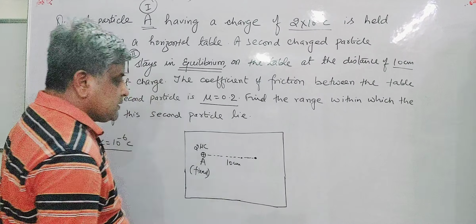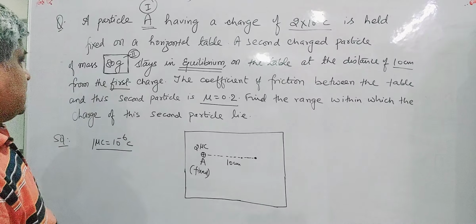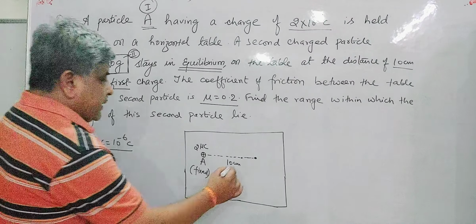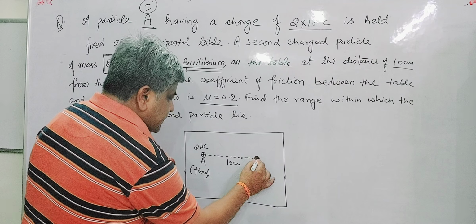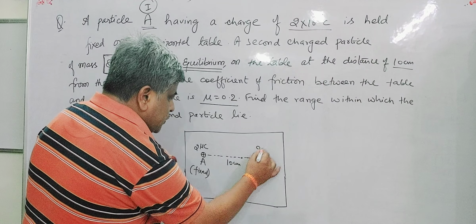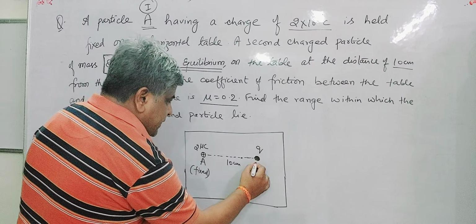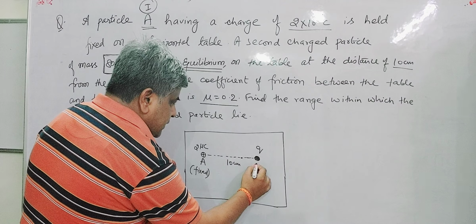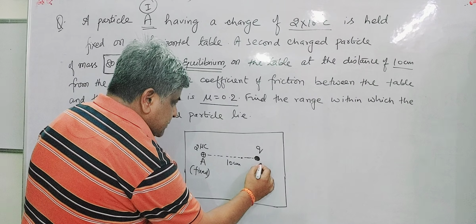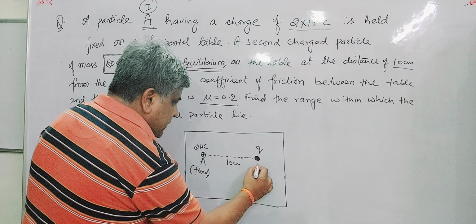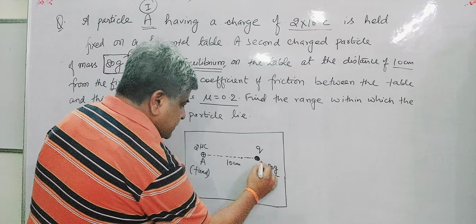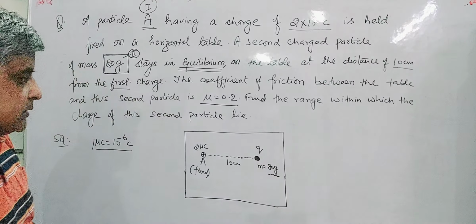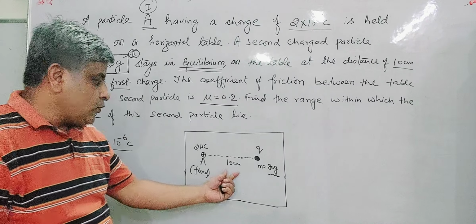At a distance of 10 centimeter, some other charged particle, we don't know its charge, either plus or minus, only Q, and its mass is given. Its mass is 80 grams, and it is kept at a distance of 10 cm.